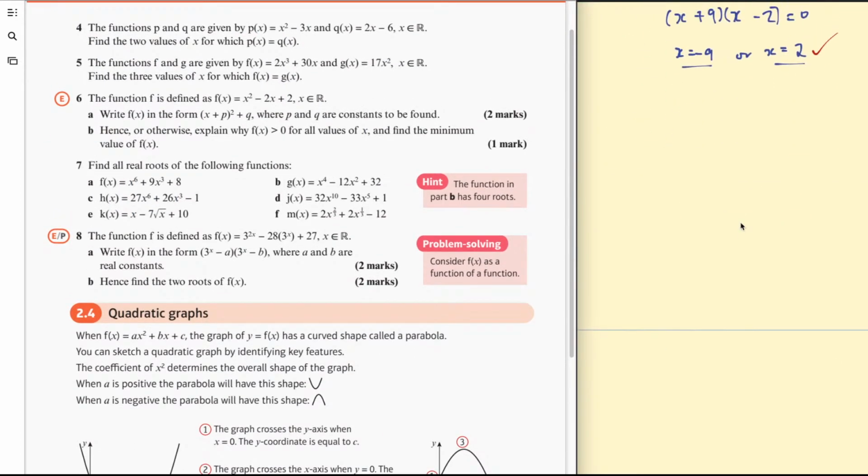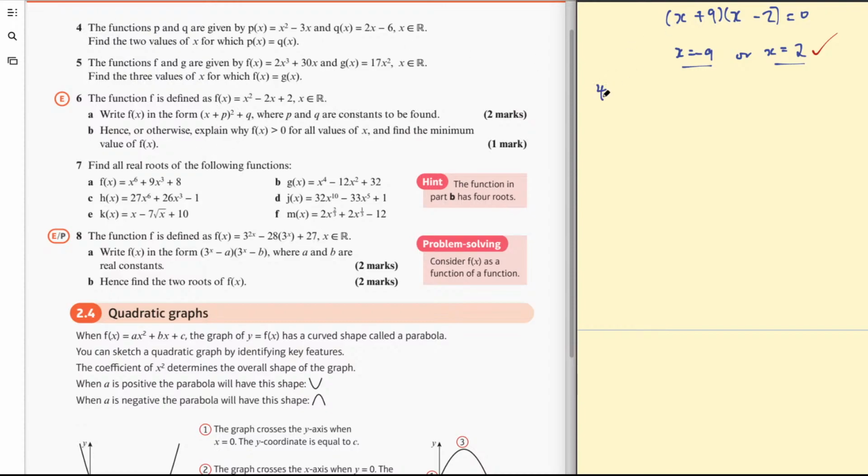Ooh, lots of questions here. Okay, so this looks like it's going to be completing the square down here.